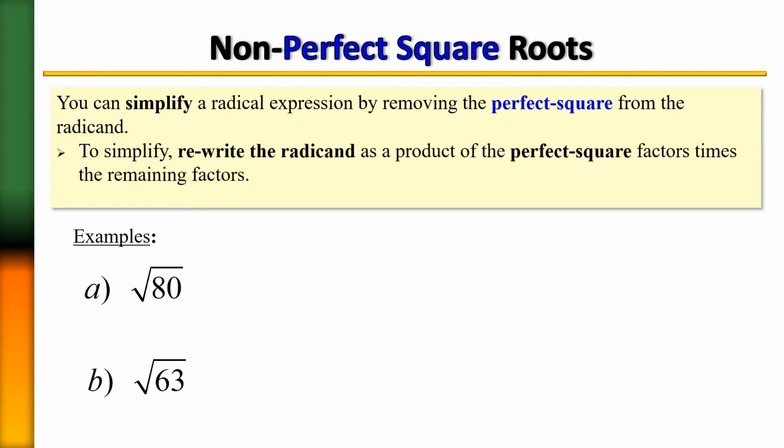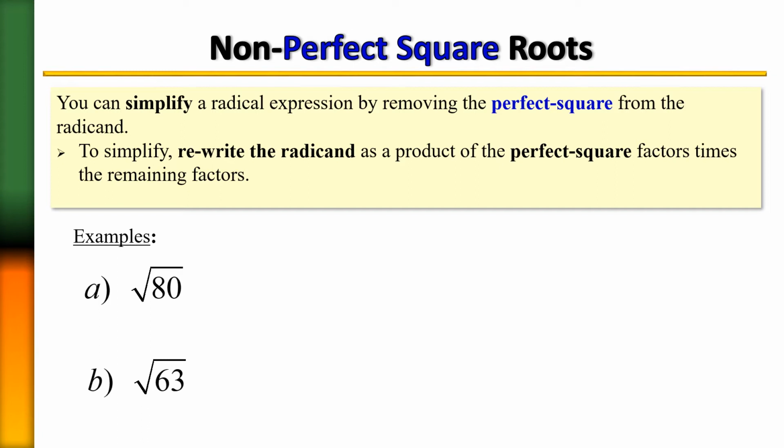All right, so let's find the perfect inside of the first example, the square root of 80. 80 is not a perfect square root, but it does have a perfect inside of it. Now, it shows you in class how you can break a number down into primes and then find all the perfects that are inside that number, and whatever is non-perfect remains.